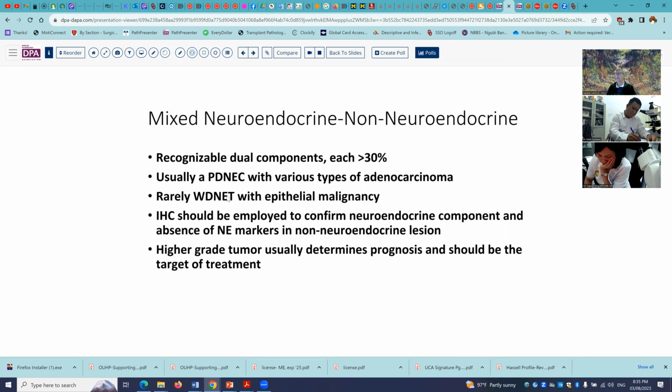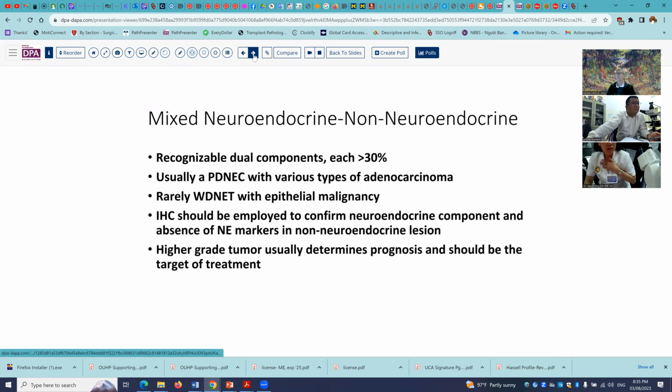And rarely you'll have a well-differentiated neuroendocrine tumor along with an adenocarcinoma or other tumor. I suppose you could even think of these mature teratomas as a type of mixed neuroendocrine tumor, non-neuroendocrine tumor as well. Immunohistochemistry can be useful, and usually here it's the higher grade tumor that determines prognosis. The problem with this 30% cutoff is, what do you do when you're dealing with a biopsy?